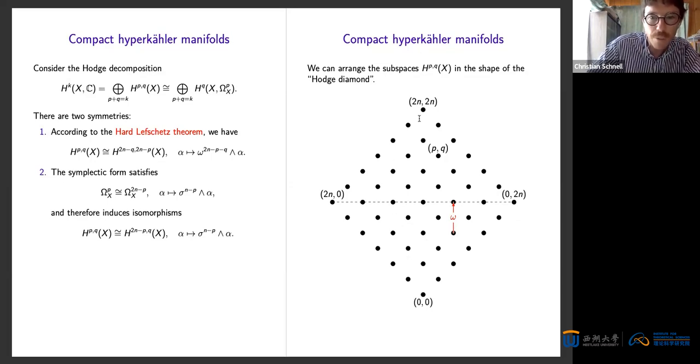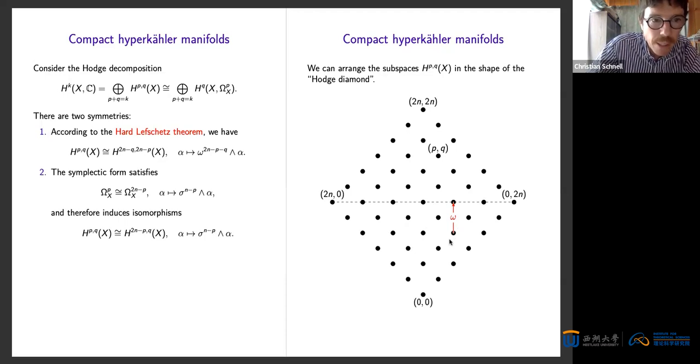So if you want, it's a reflection along this line. That's what the Hard Lefschetz symmetry is. In terms of numbers, you know this, right? Because the cohomology below the middle and the cohomology above the middle have the same dimensions by just Poincaré duality, but actually the specific symmetry is given by wedging with a certain number of powers of omega.